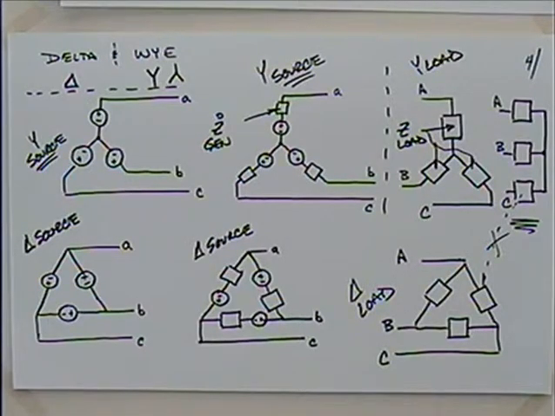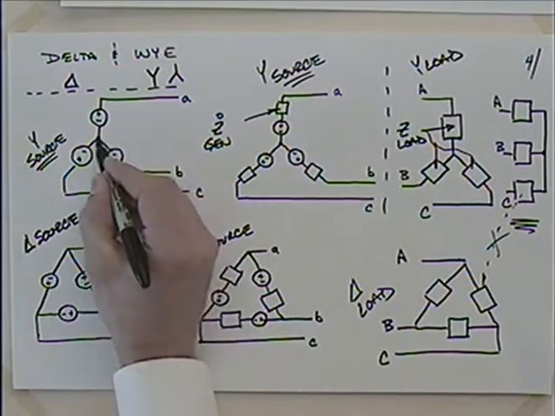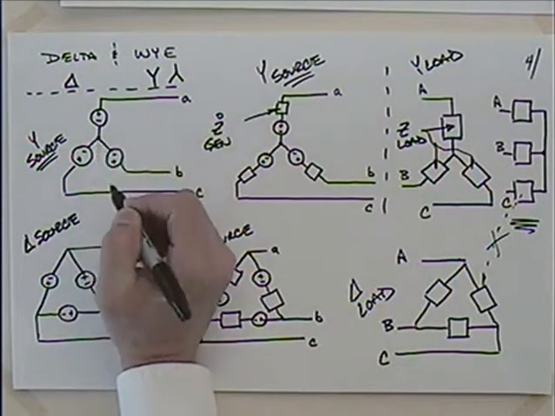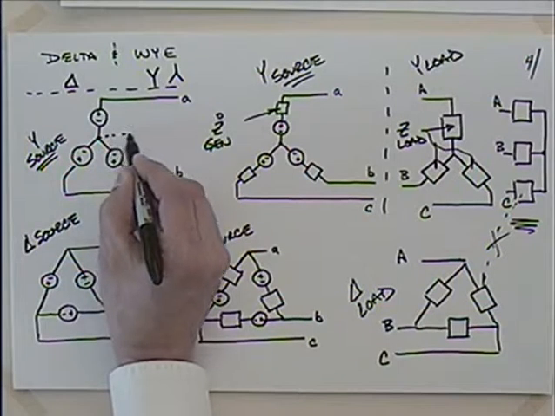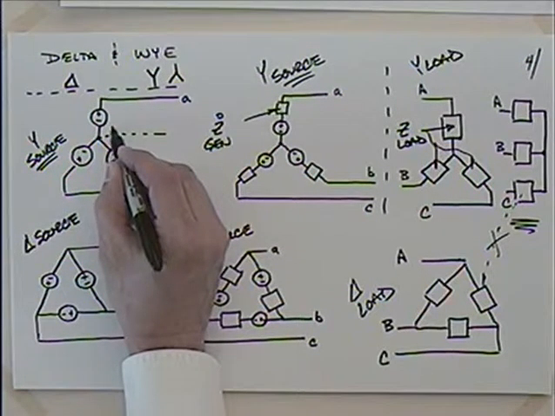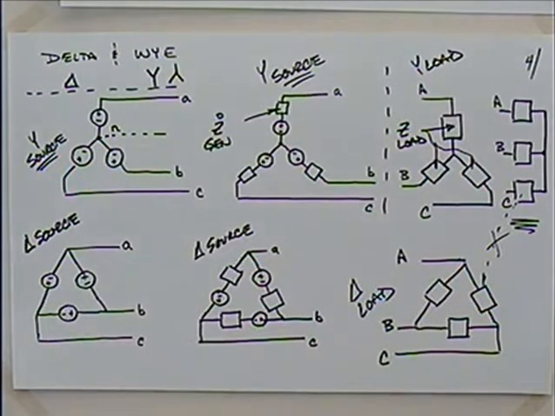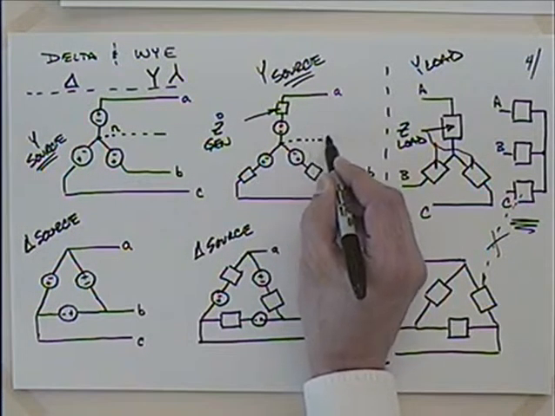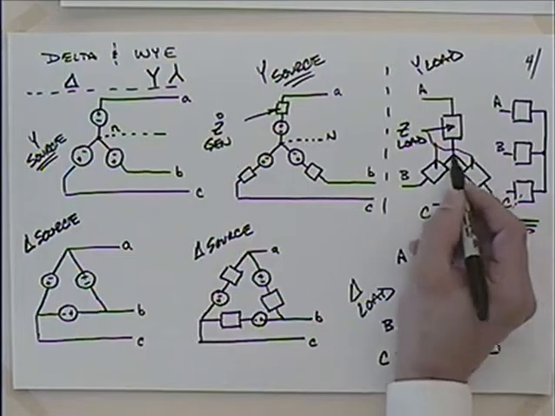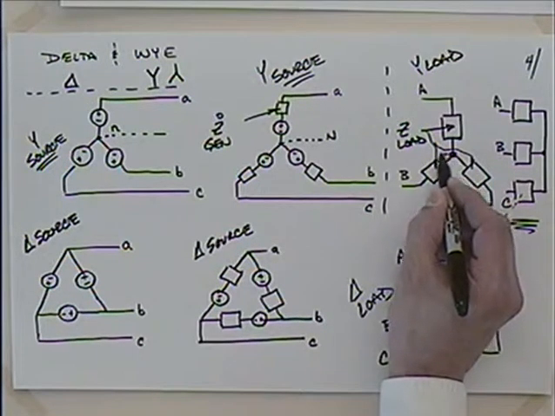The other thing that's probably worth noticing is I have this common point here, what I'm going to call the neutral. So I'll call that with a lowercase n for the neutral there. I'd have that here, the neutral. I could even have that on this one, couldn't I?